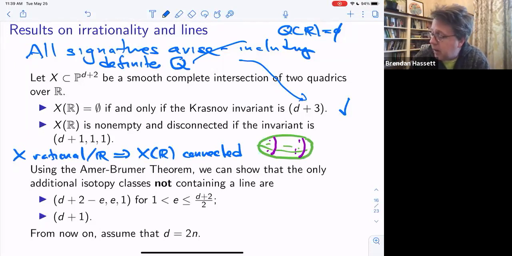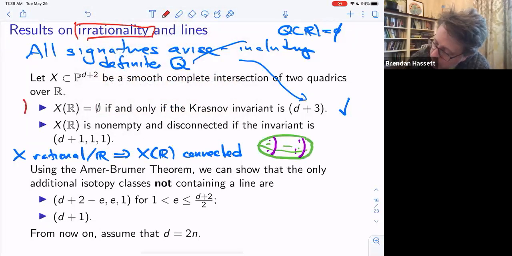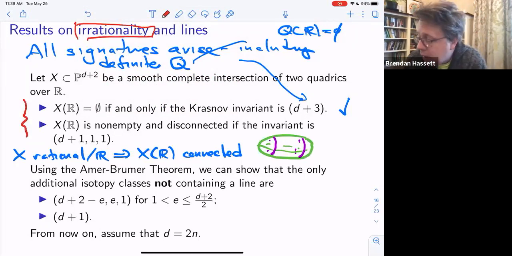And so these are the irrationality results. When there are no real points, or when the real points are disconnected, you get irrational examples.